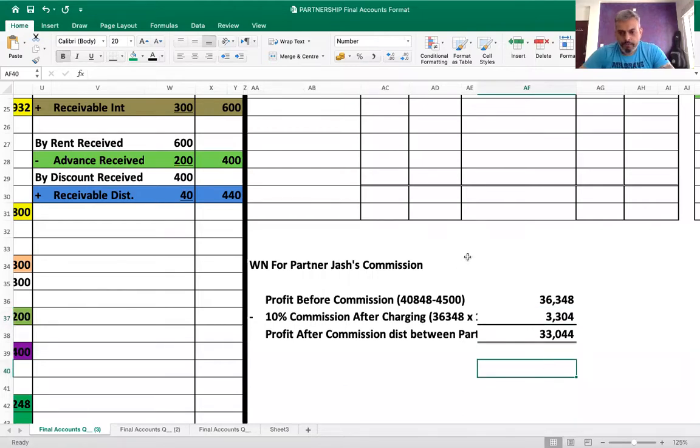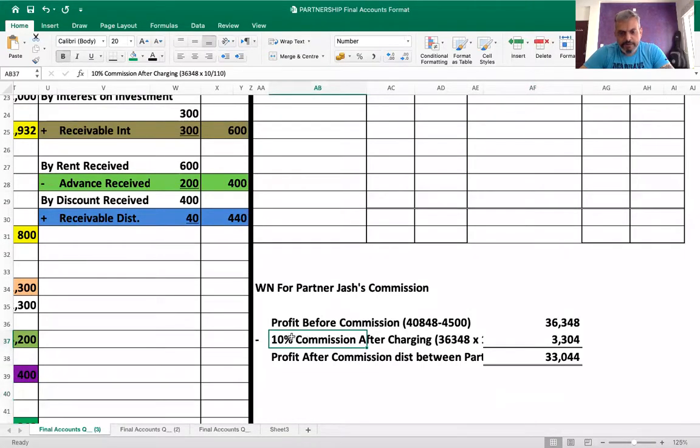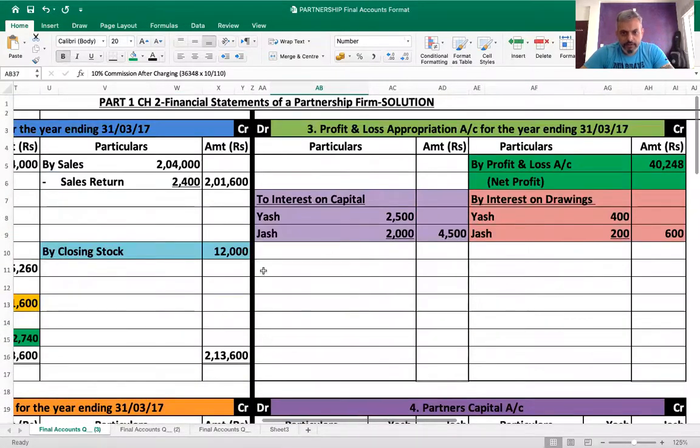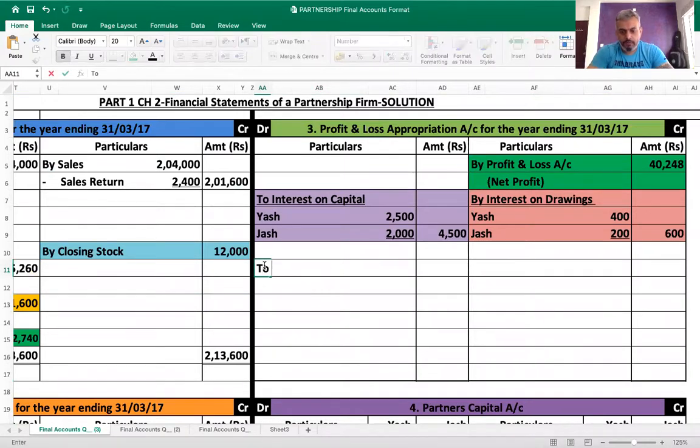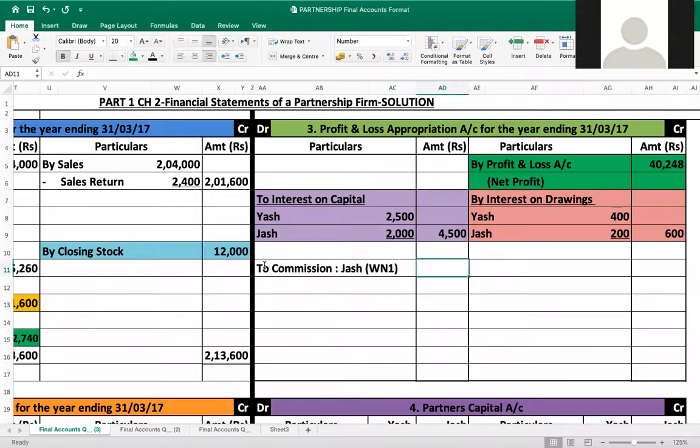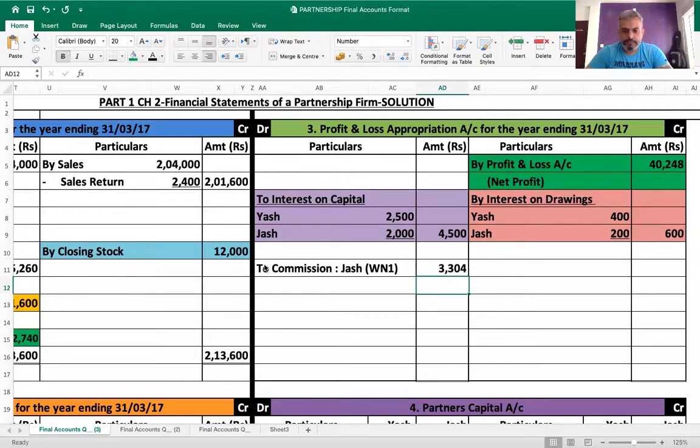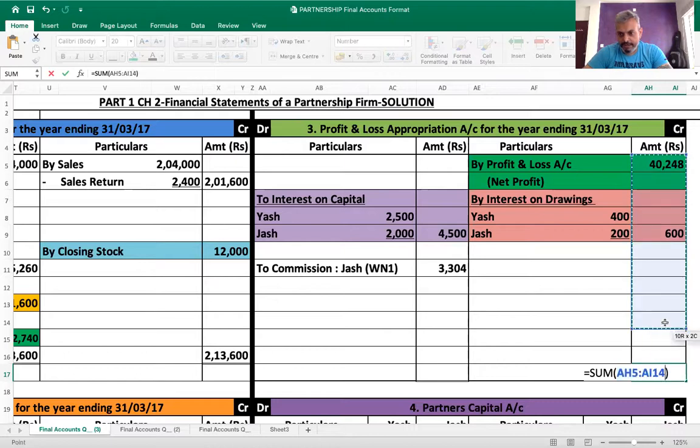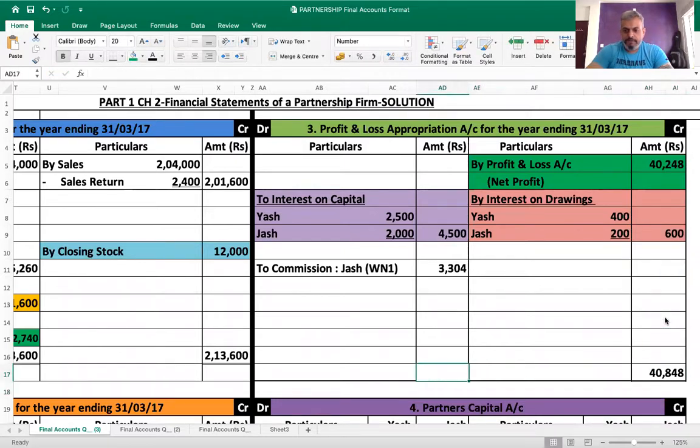Okay, now first let's pass the entry for this commission. This is partners commission. So over here to commission Josh, working note 1 you can say. Commission comes to 3304. Now let's do the total of credit side. We know credit side is more, we have already calculated it. Same we write on the debit side. Acha, before we close this, let's view the second effect of this.